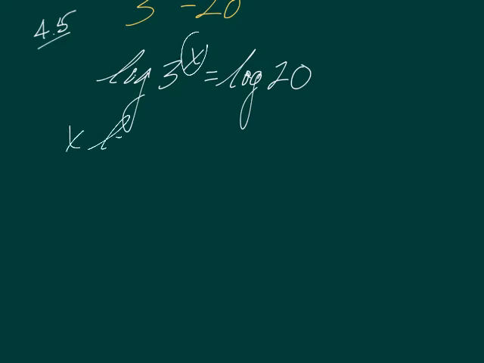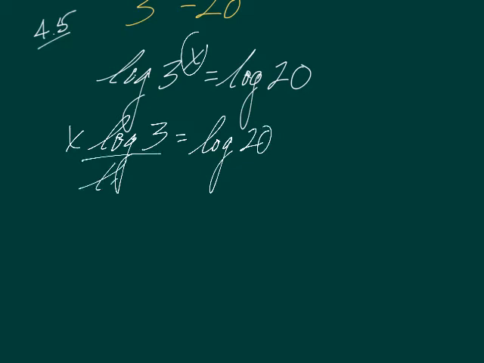So x log 3 equals log of 20. Divide both sides by the log of 3. You just do your typical algebra. Cross those out. So my x equals log of 20 over the log of 3.